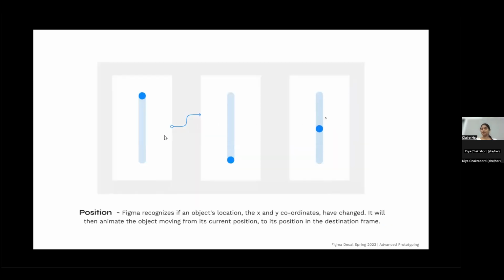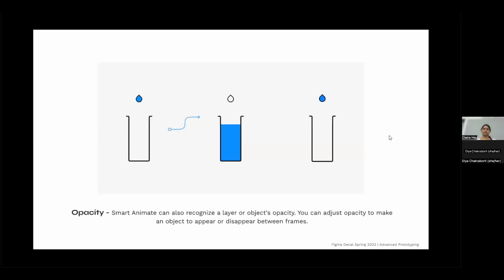Here, if you have two frames with different positions, Smart Animate will create this slider looking thing. It also deals with opacity as well. We see this empty glass to this full glass of water, and this animation will make it more opaque.